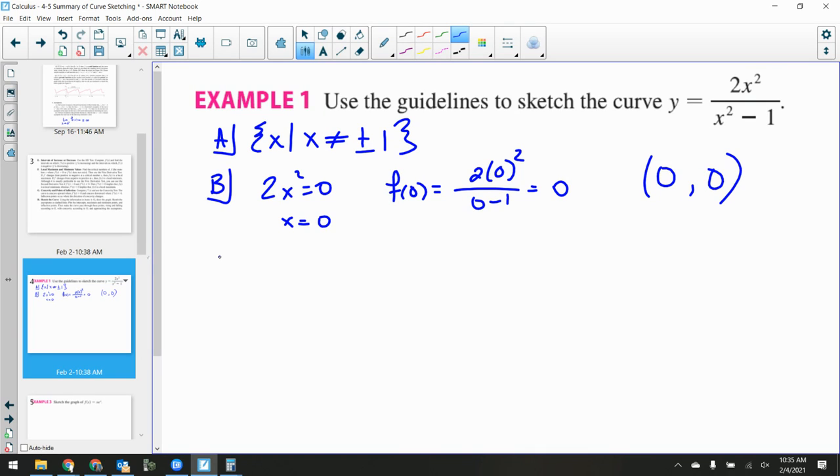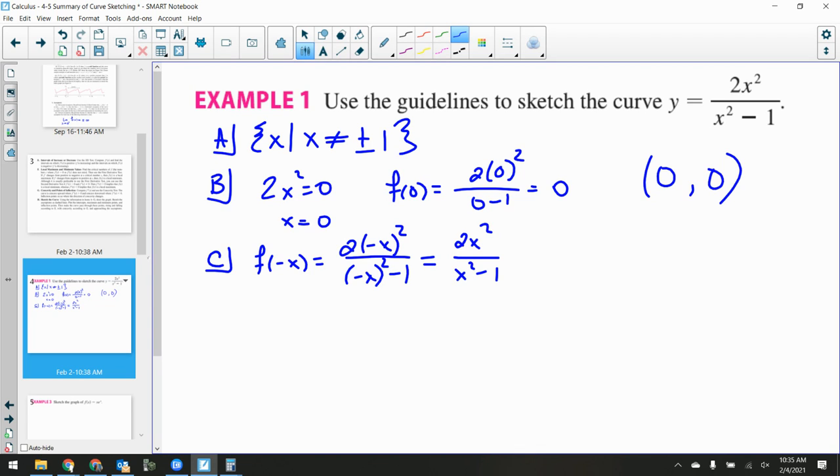All right, so now let's test to see, I always like to see, is it even? If I plug in f of negative x, what's going to happen here? Well, I would have 2 times negative x squared over negative x squared minus 1. What's going to happen with those negatives that I just plugged in? They're going to go bye-bye, right? They're going to become positive. So it's going to be 2x squared over x squared minus 1.